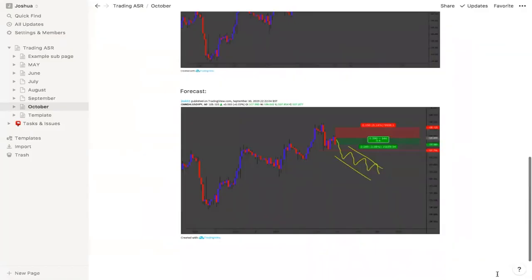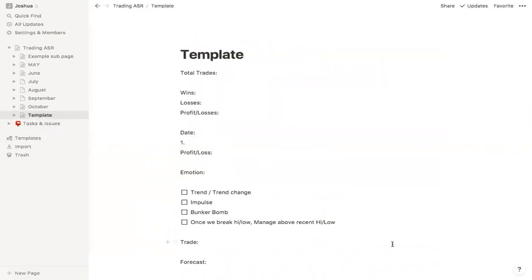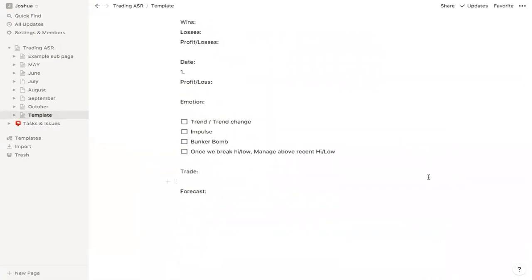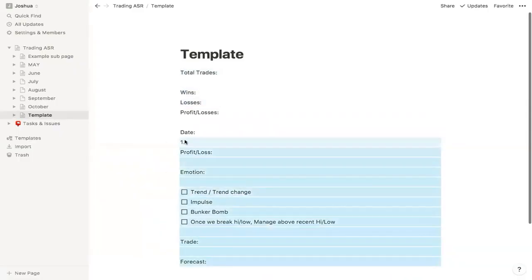journal. So after that, we can also add our template again. So as we've come down, if we come up here, we come down to the next part, okay? And now we've got to think about what we want to do again for our next trade. So what I do, because I'm lazy, I like to come down here, and I will just copy this. So from forecast, I'll copy the date, okay?